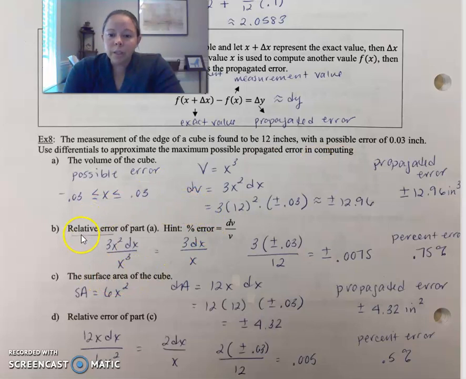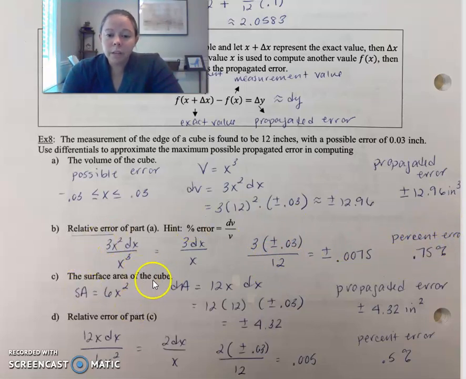Then here's just the relative error of part A. We took the derivative and divided by the volume function, replaced dx with plus or minus 0.03 divided by 12, and that's your percent error.